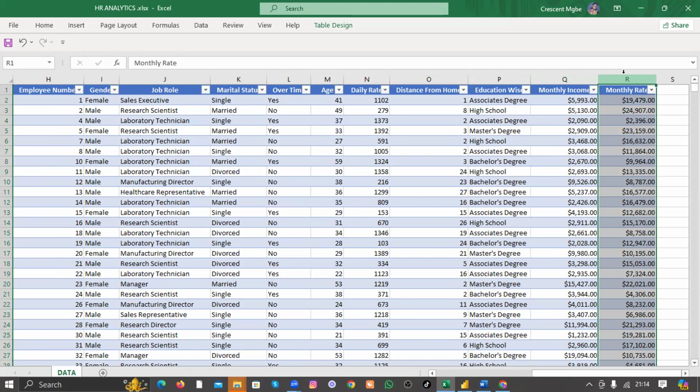For example, if your daily rate, for those people that work hourly, if this company pays hourly, that is, if they are paying you $50 per hour and you work 8 hours in a day, your monthly rate will be based on the number of hours you've worked. They will calculate the number of hours you worked throughout that month when they want to make payments. They multiply it by your hourly pay.